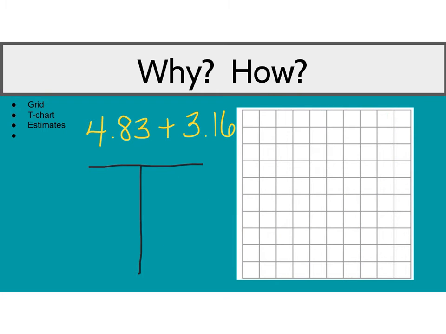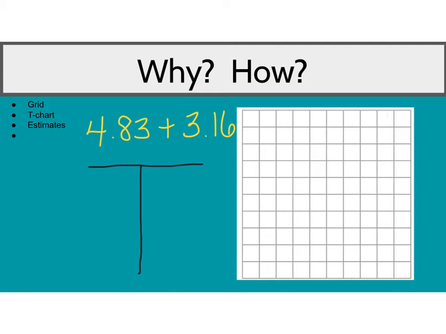So let's take the problem 4 and 83 hundredths plus 3 and 16 hundredths. I like to use T-charts because they're really good for organizing your numbers, making sure that you line up your decimals, and that you have all of your digits in the correct columns.